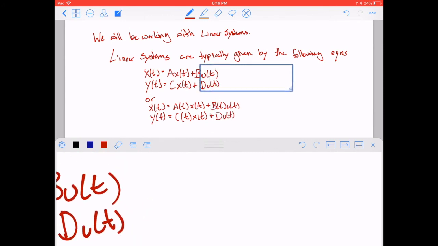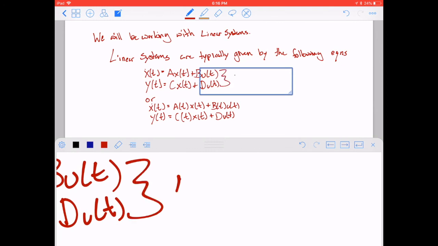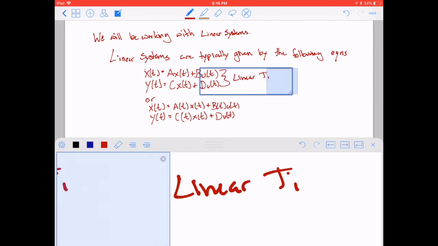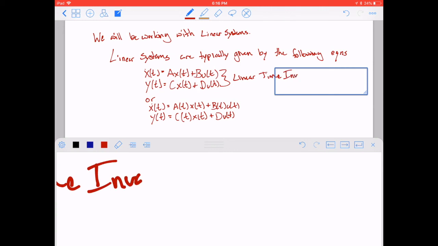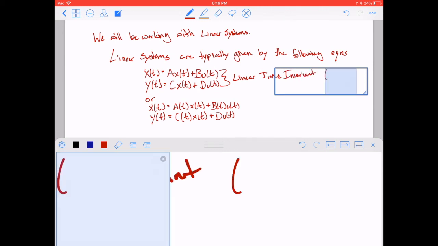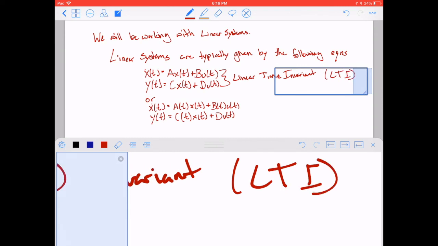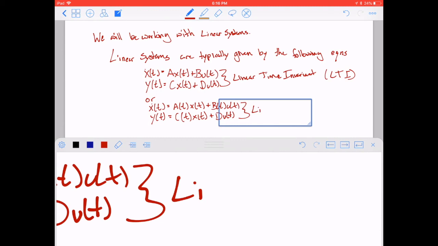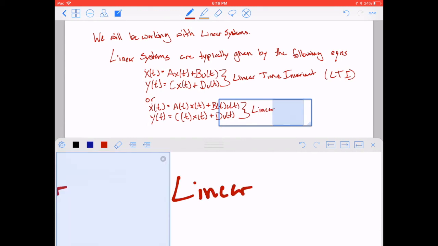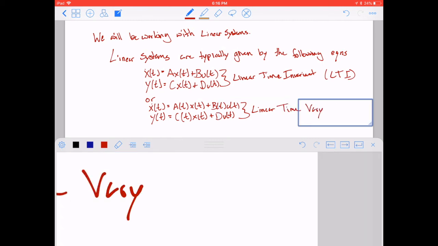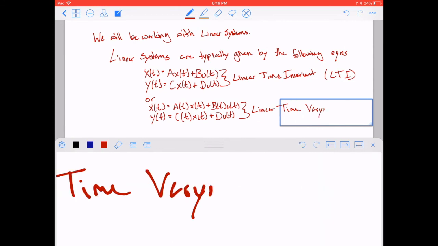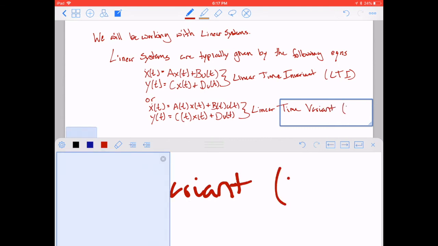So now, to distinguish these, we call this one linear time invariant, or LTI. And this one, on the other hand, is linear time, what do you think? Variant, right? Or LTV. Okay.